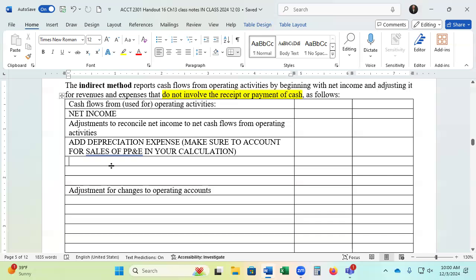You would add amortization expense, and this would be from your intangibles if it wasn't given to you.